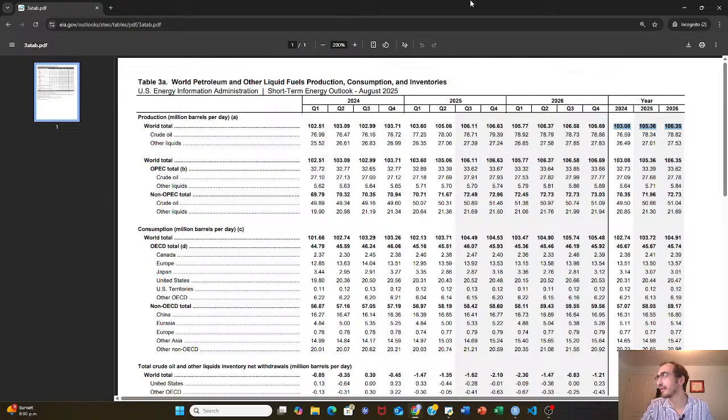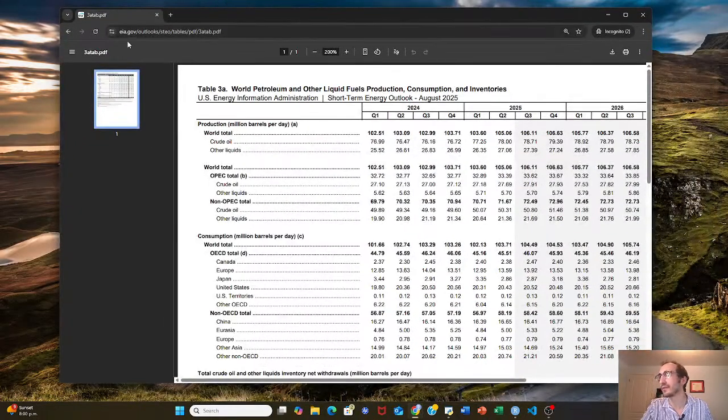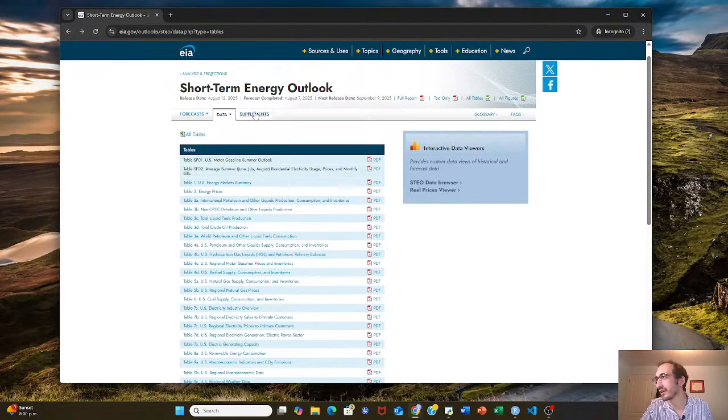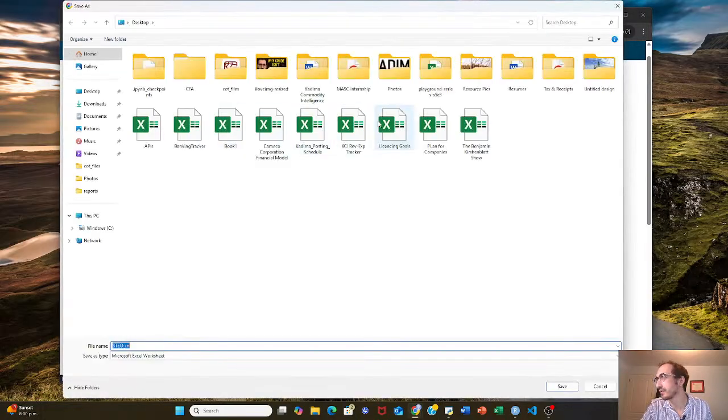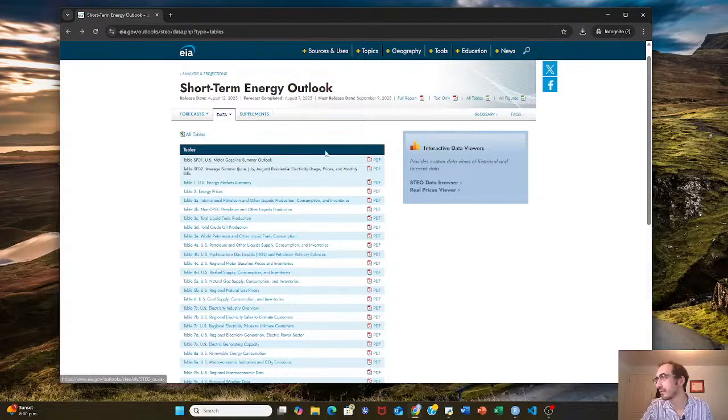And then there should be a chart. I feel like this would be so much easier if there was a chart. Tables.